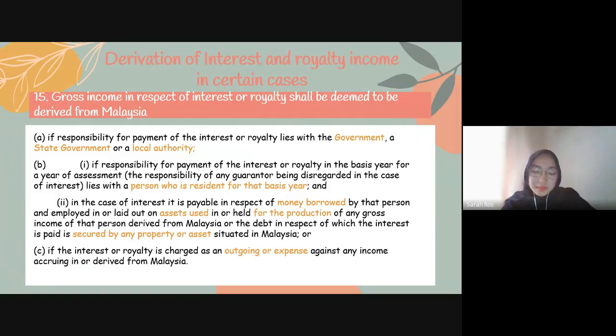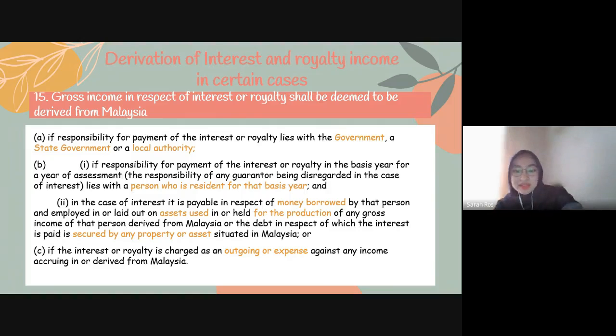So the company is a resident and they borrowed money to acquire an asset. They want to purchase the equipment for their manufacturing business, right? So they borrowed the money to acquire the asset to be used in their business in Malaysia.